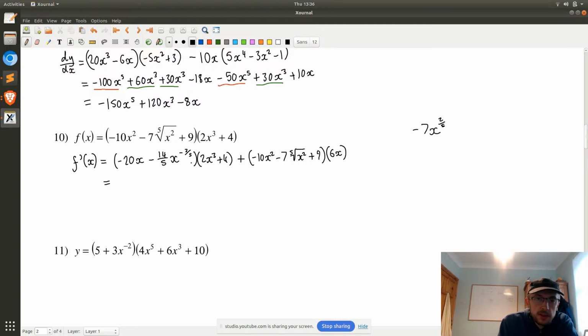Okay, now just carefully apply FOIL to the first pair. Minus 40x to the 4. Minus 40x. Minus 28 over 5.